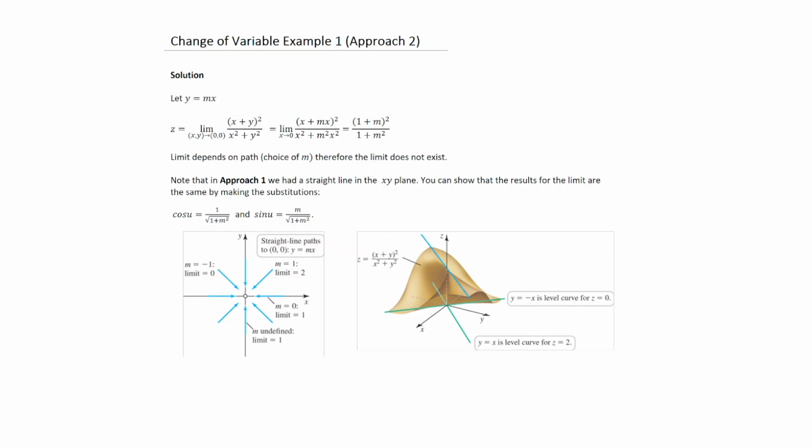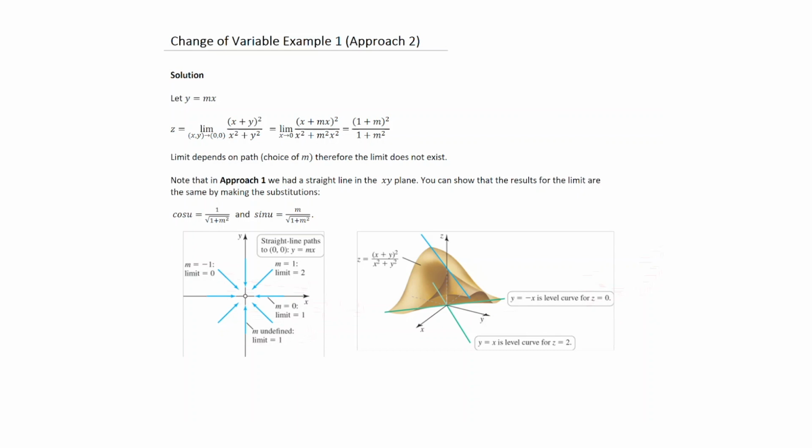For m equals 0, it's along the x-axis. For m equals minus 1, it would be in the second quadrant and the fourth quadrant. And so these are just different paths, all finally ending up at the point (0, 0).